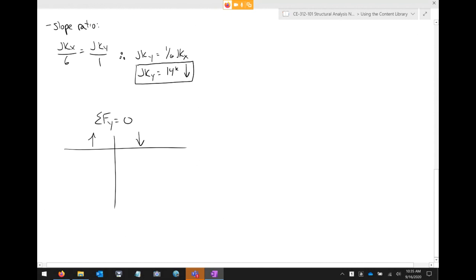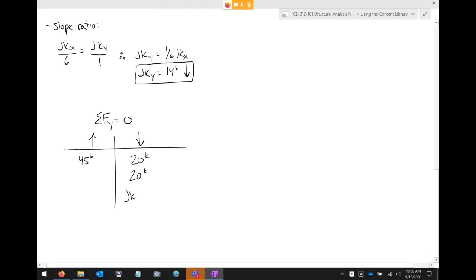Okay. So let's see. What do I have? Well, let's see if I can go off memory. Okay. I know that I had my 45 kip reaction going upward, and I had two 20 kip loads going downward. Now I also have JKY, and I've already figured out that it's going downwards.